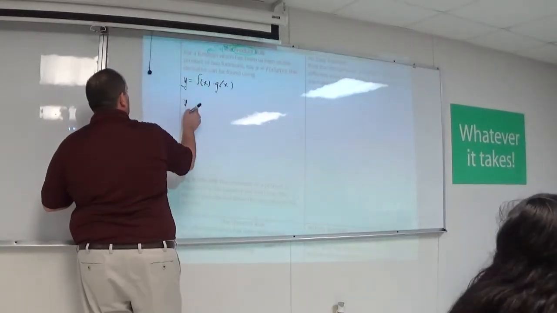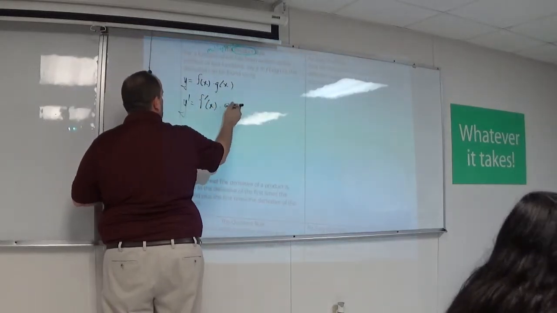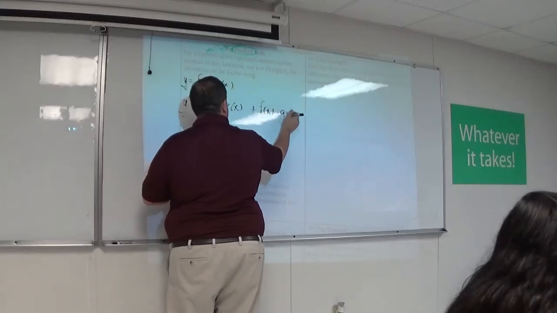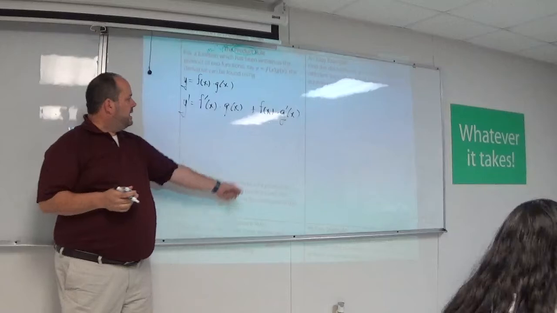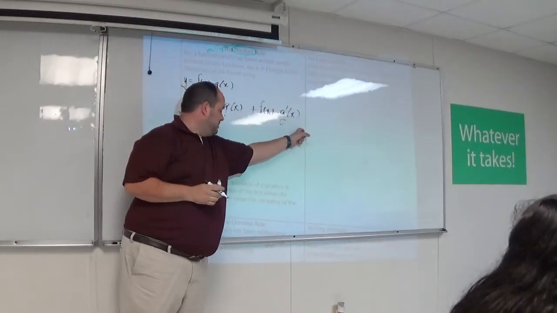Here's the product rule. The derivative is f prime of x times g of x plus f of x times g prime of x. F prime times g plus f times g prime.